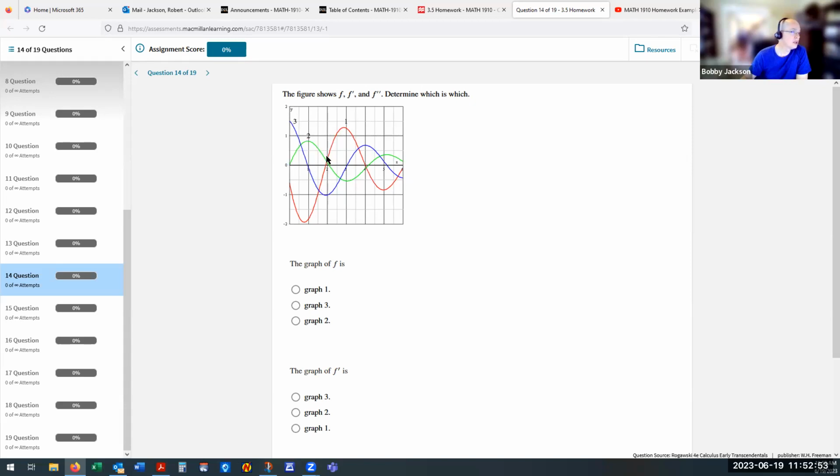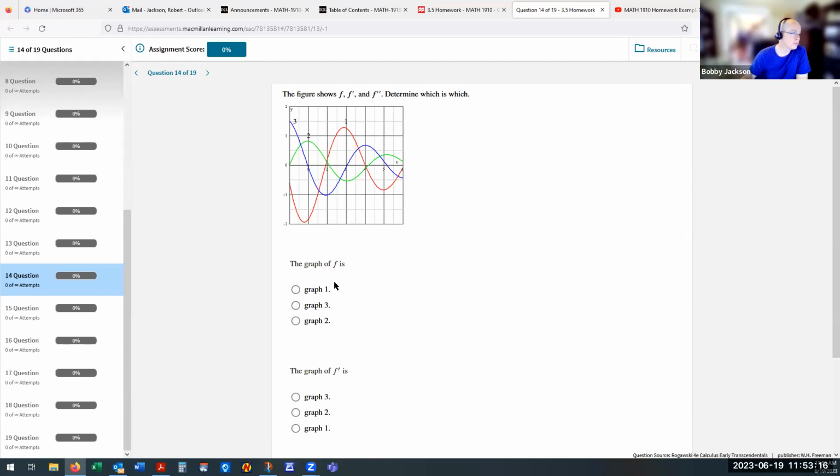So we said the derivative of green is blue, and the derivative of blue is red. And so 2 must be the function f. Its derivative f prime is blue, which must be 3. And then 1, as we said, must be f double prime.